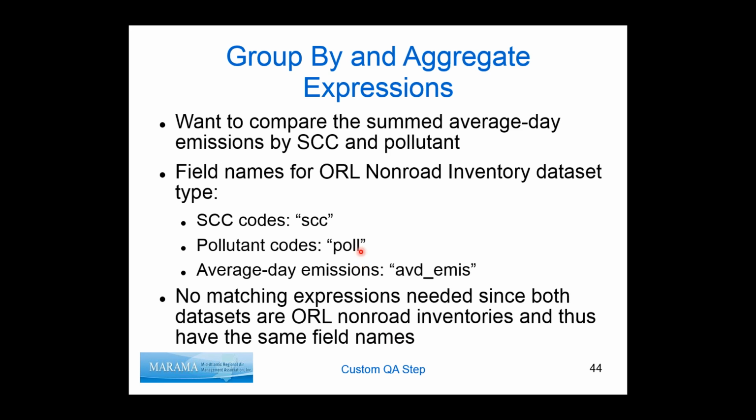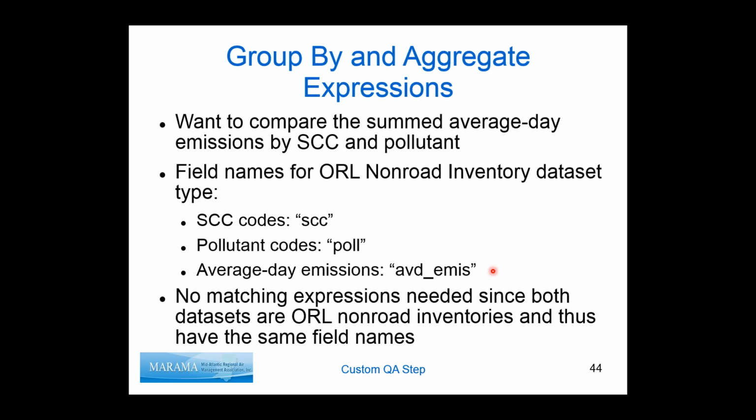So the field names that we need to know for this non-road inventory data set are the column that contains the SCCs, which is SCC, the column that contains the pollutants, which is POL, and the column that contains the average day emissions, which is AVDAY emis. You can find these columns out by looking at the raw data, like we were doing at the very beginning of this webinar.